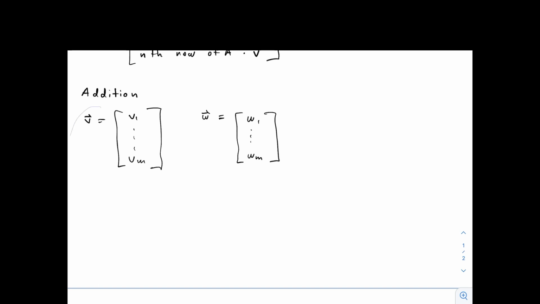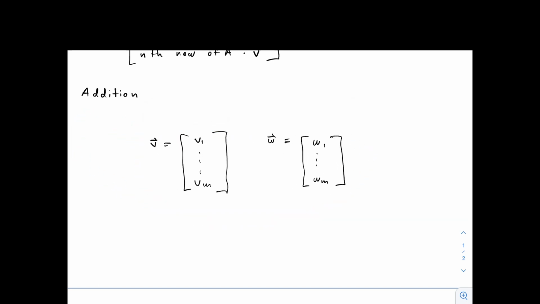let's define two vectors. We have our v from before, which I'm writing as a column vector. And we're going to define a new vector in Rm, which we're going to label w. And to make this more formal in the language of proofs, let's write it this way.